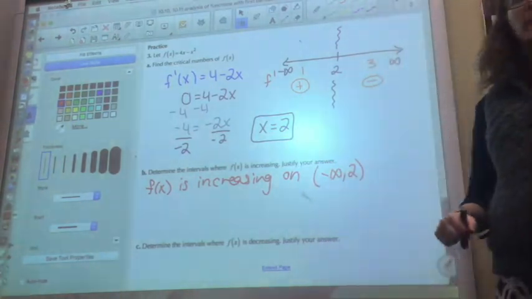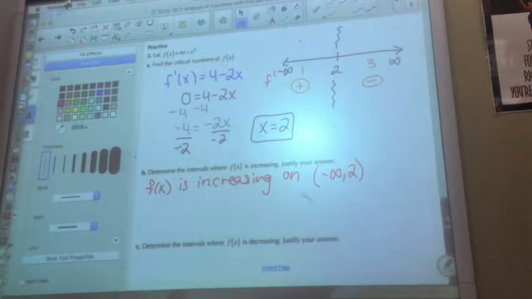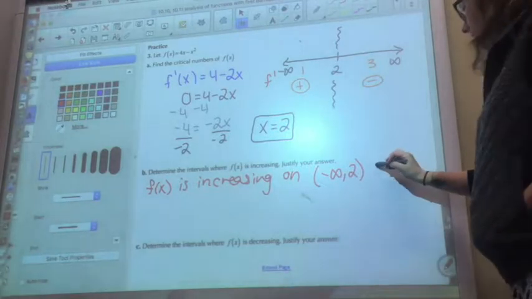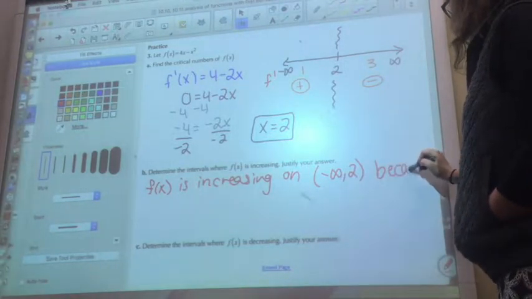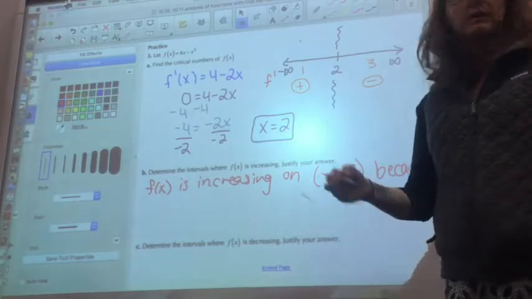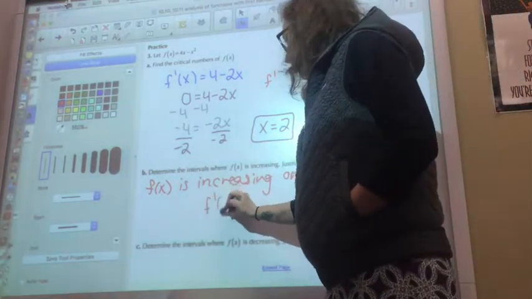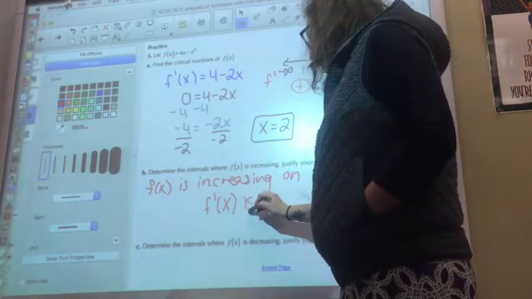Why? What's our justification? How do we know that that's where f of x is increasing? Because the sign of the derivative is positive. Right, and I would say that's more words than I need, because: f prime is positive.